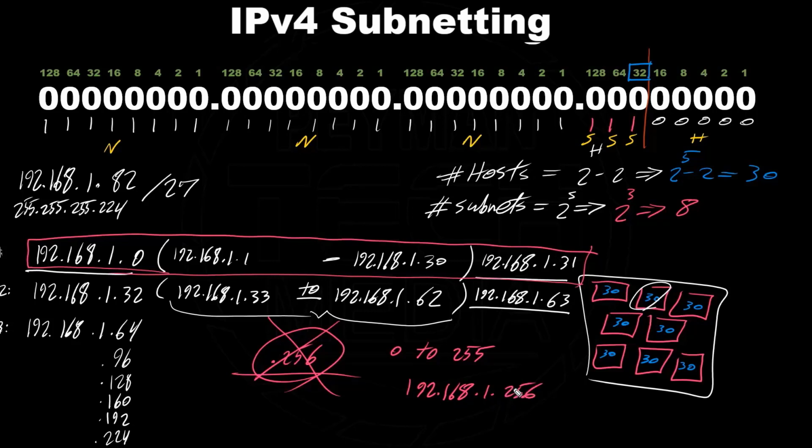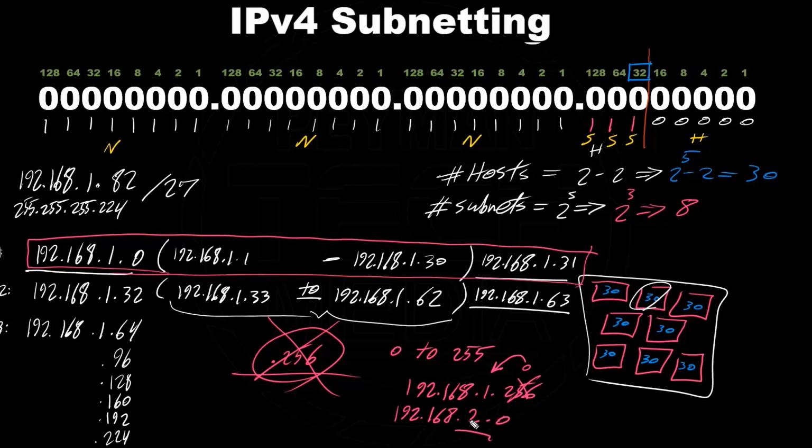And again, we don't have 256, so it will turn to 0 and add to the next octet to the left, which is 192.168.2.0. And here, we are on the 1.0 network, so if we go to 2, we will be on a different network.